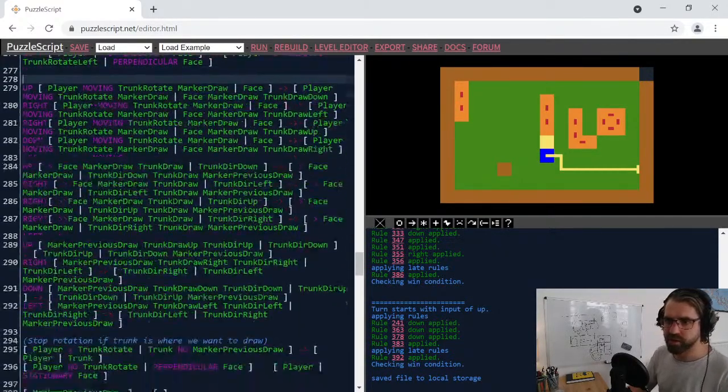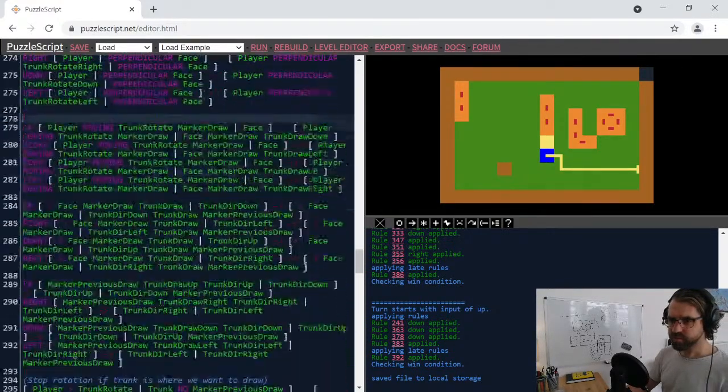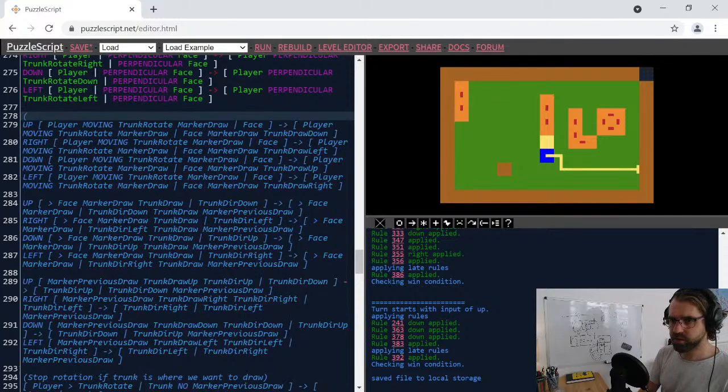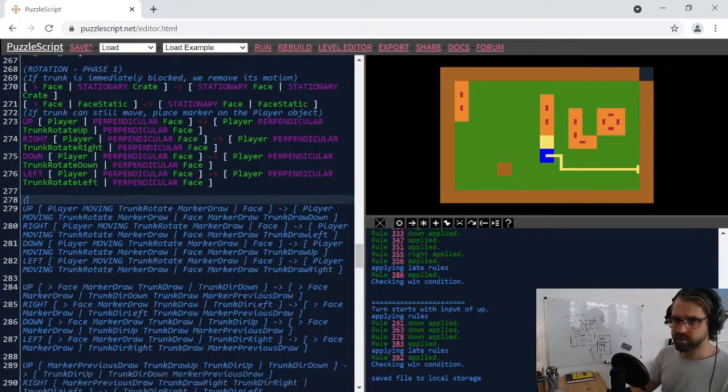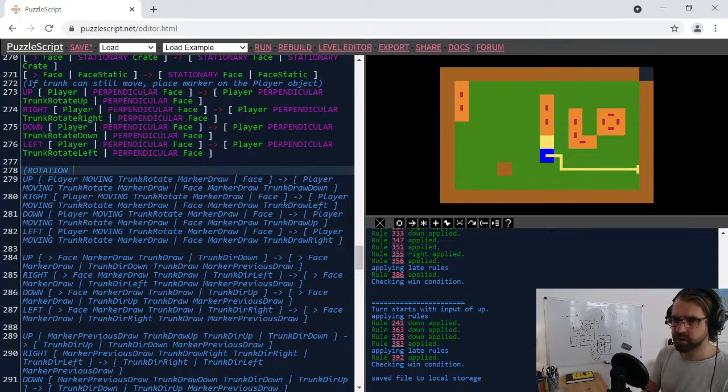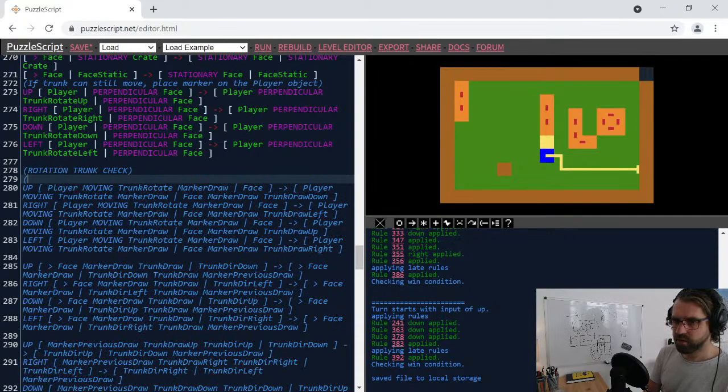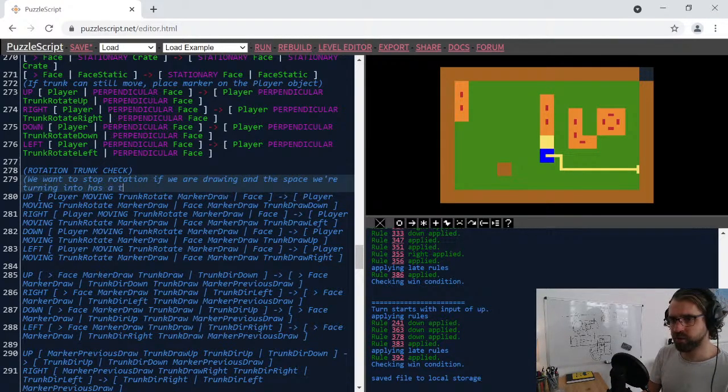So, okay, what was this? This was like rotation phase. Rotation check. Rotation trunk check. We want to stop rotation if we are drawing and the space we're turning into has a trunk which is not the most recent trunk.